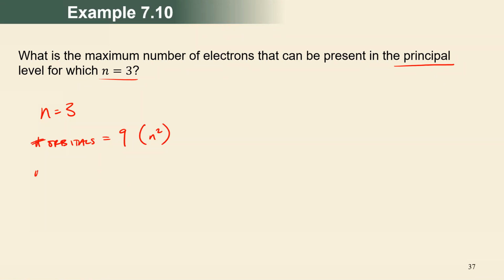And how many electrons can we fit in each orbital? 2, 1 up and 1 down, right? So you have 18 electrons, 2 electrons per orbital. And so we can only have 18 electrons where n is equal to 3. Okay. All right.